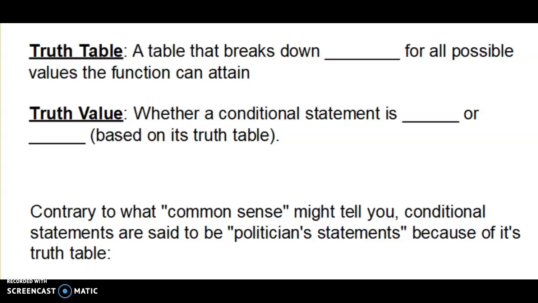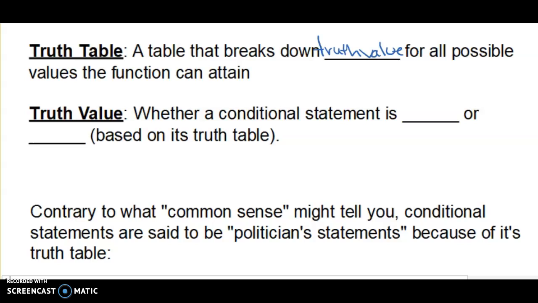All right, so what is a truth table? A truth table is a table that breaks down the truth value for all possible values that a function can attain.